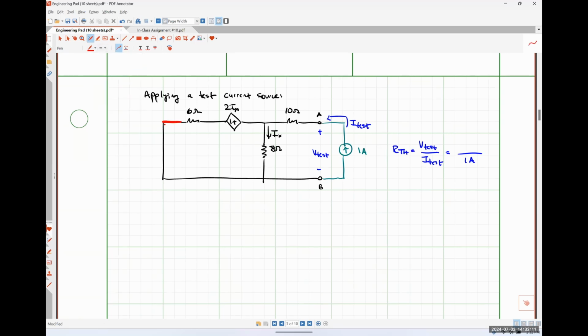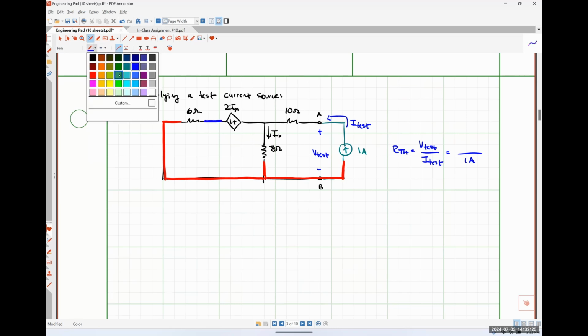So I'm just identifying my nodes here. I have this big node on the bottom. I've got a node here, a node here, and a node here.